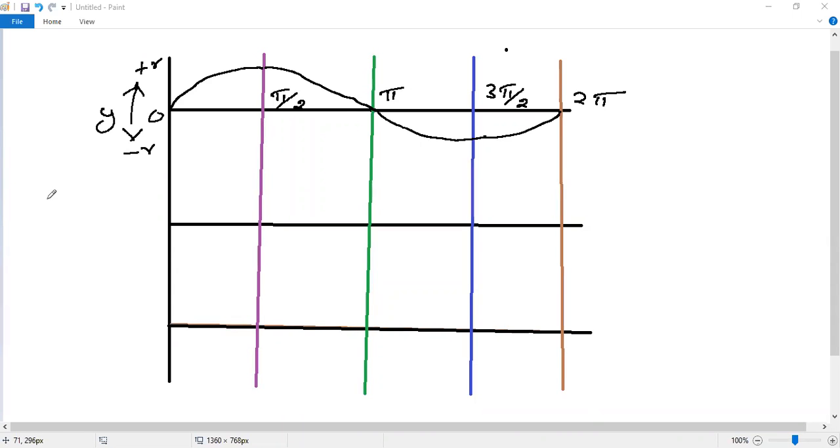For first one, displacement. Second one, velocity. It will start from here.